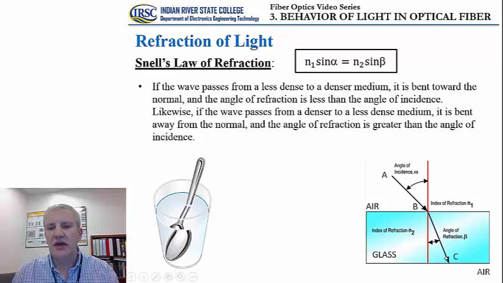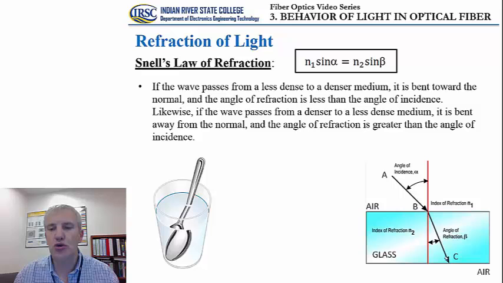There are a few important things to mention here. If the light propagates from optically less dense material into optically more dense material, in other words, if the index of refraction of the first material is lower than the index of refraction of the second material, light is going to refract or bend toward the axis.